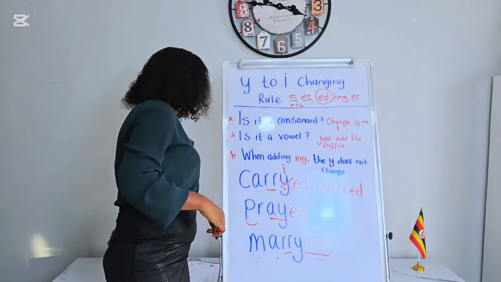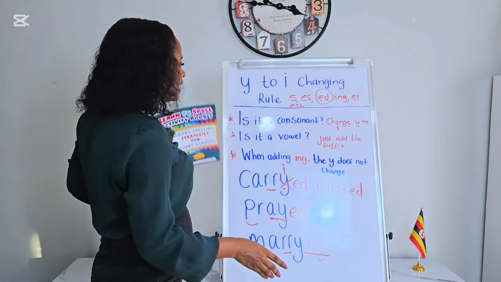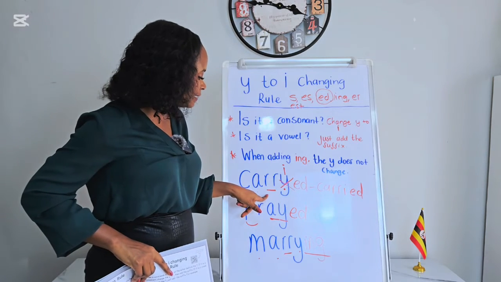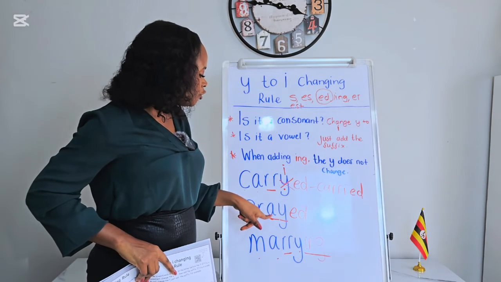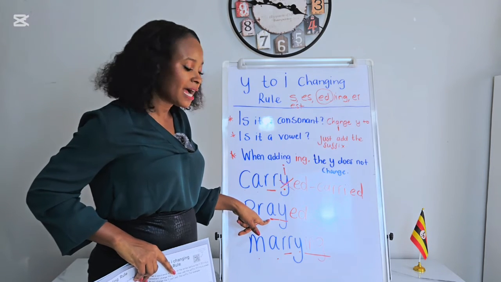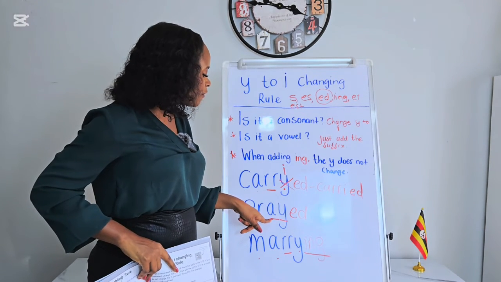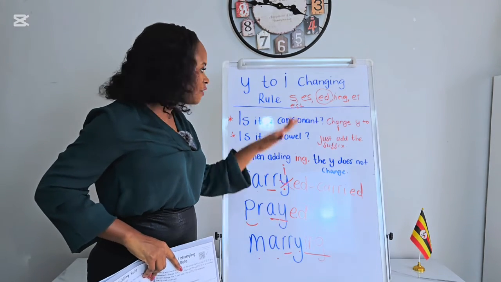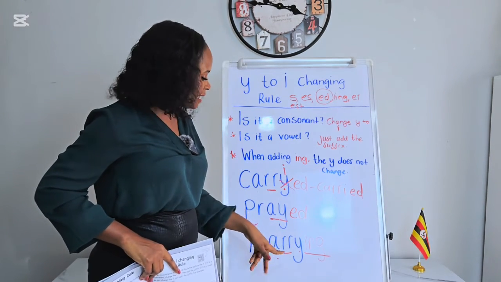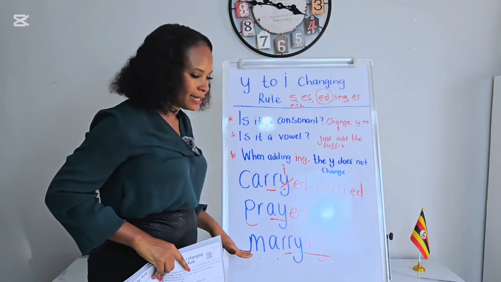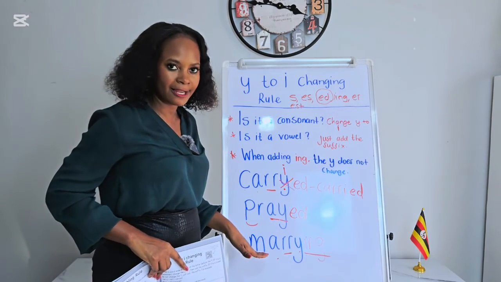I hope you get the point. Change the Y to I if the letter before the Y is a consonant. Okay? Do not change the Y to I if the letter before the Y is a vowel. If you're adding ING to any of the words ending with Y, just add ING. Don't do anything to the Y.